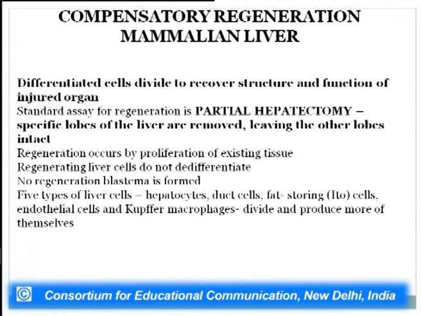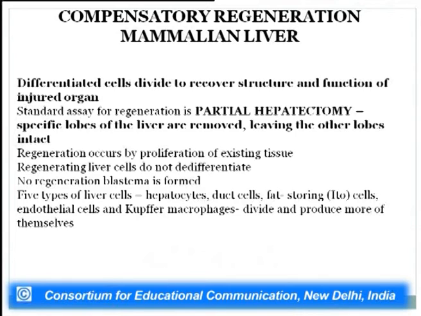The regeneration occurs by cell division or proliferation of the existing tissue. The regenerating liver cells do not de-differentiate. So, it is not that the differentiated liver cells will lose their function, go back to form an undifferentiated mass and then re-differentiate to form the liver. It does not happen in that manner.